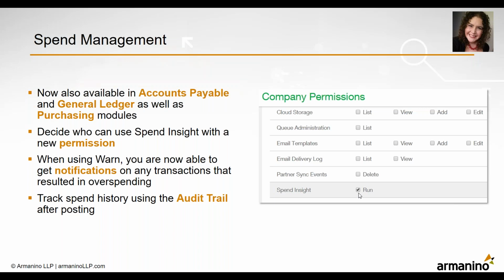One of the things I'm showing up here on the screen is related to company permissions. Now that this is extended to multiple modules, you have the option to allow or not allow people to see the spend insight. By that, I mean to actually see that pop-up that compares your existing transaction to the actuals already booked, and any committed spending if you have that option turned on, against your budget.